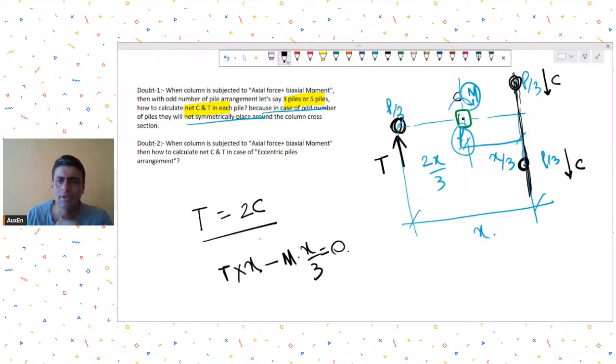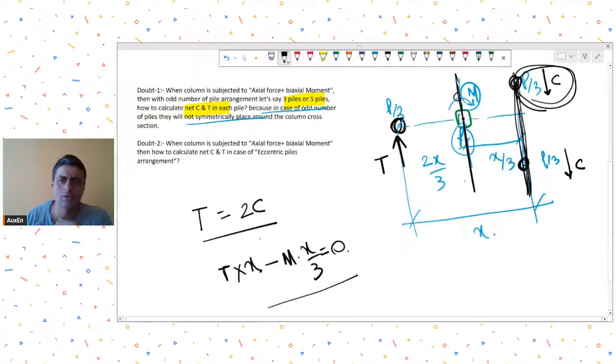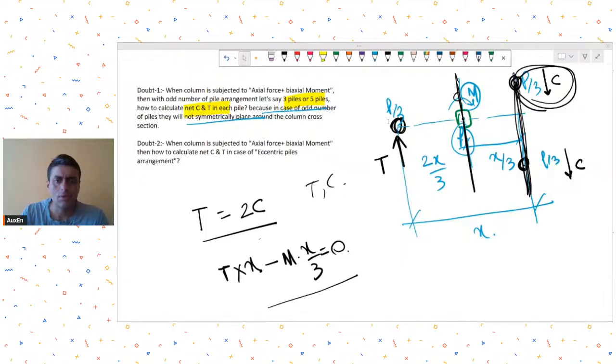If I am taking moments about this pile, its own effect will be 0, so I can use this equation. Or if I were to take moments about this one, then also you could do it that way. So using these equations you could find out the T and C. So this is the type of calculation you could do, or obviously you could solve it on some software.